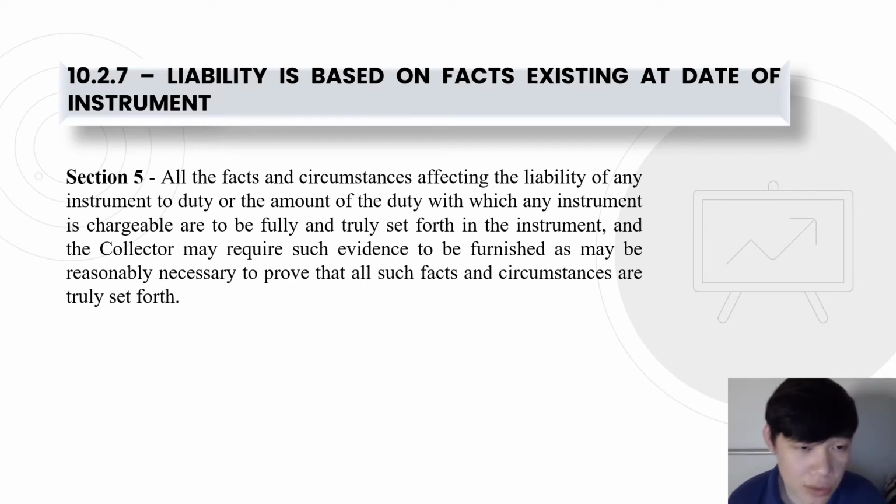The general rule in this section is that the liability of an instrument to duty depends on the facts and circumstances existing at the date of its execution.